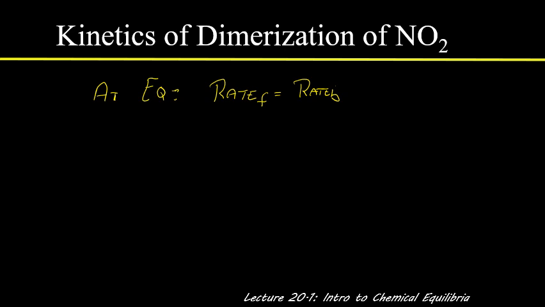Because the forward reaction is bimolecular, in this case, the rate for that forward reaction is Kf times the concentration of NO2 squared, and the rate for the backward reaction is just Kb times the concentration of N2O4. We can do a little bit of algebra to this, again, just as we did last time.